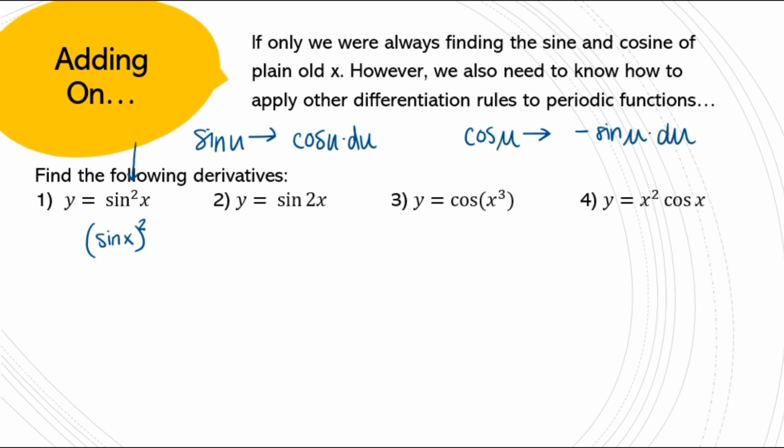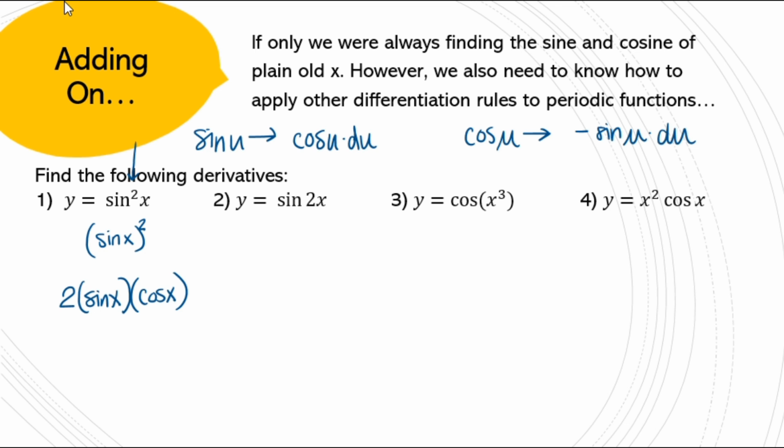So if you wanted to find the derivative of this, we are going to take the outer function, and we know that we have 2 sine x as the derivative of that, and then of course the inner function sine x has a derivative of cos x. And we'll get more into this in the next few slides.